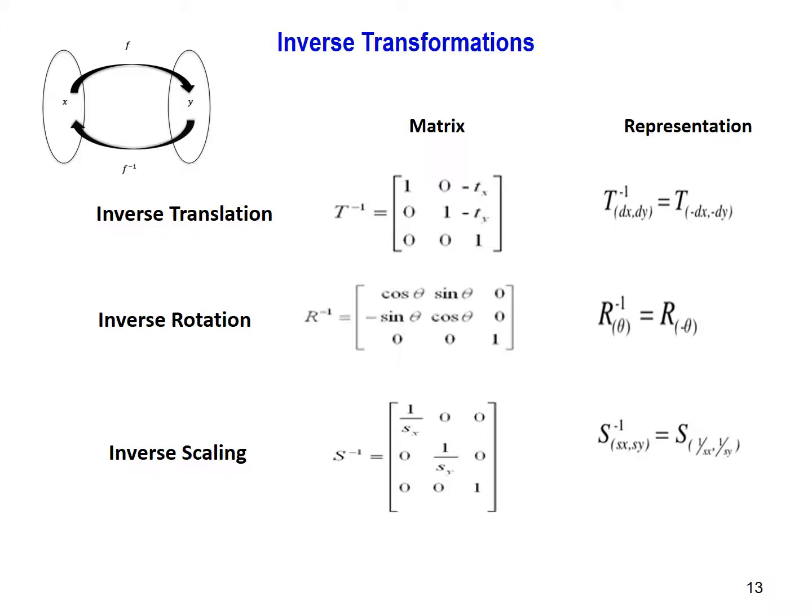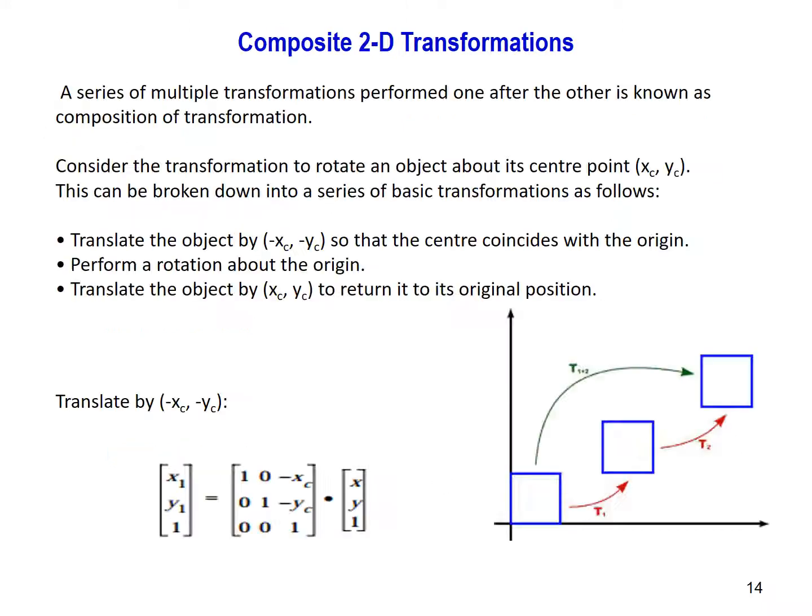In the same way, the inverse rotation matrix is represented as cos theta, sin theta, 0, minus sin theta, cos theta, 0, 0 0 1. That is, R inverse of theta equals R of minus theta. The inverse scaling matrix is 1 by sx 0 0, 0 1 by sy 0, 0 0 1. That is, S inverse of sx, sy equals S of 1 by sx, 1 by sy.